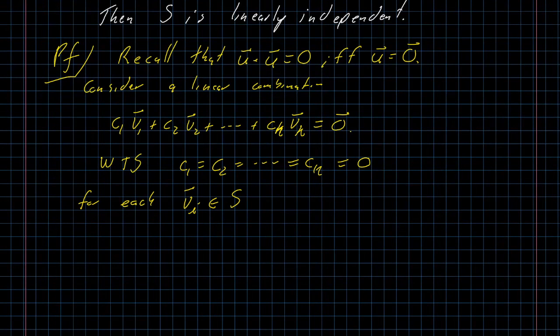And the way I'm going to show that is by taking a vector vi out of my orthogonal set S. It doesn't matter which one we're going to use, and in fact, throughout the proof, we have to do all of them. So I'm going to say for each vi in S. Watch what happens if I take vi and I dot it with my linear combination.